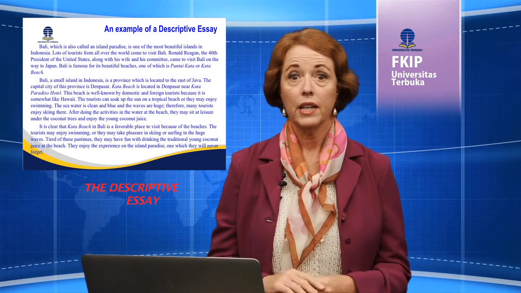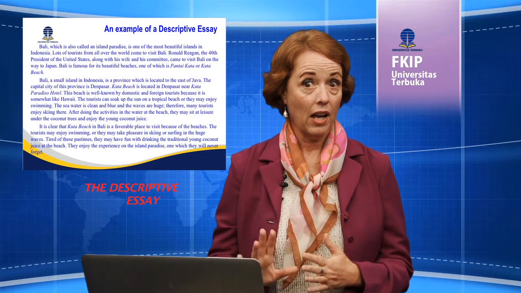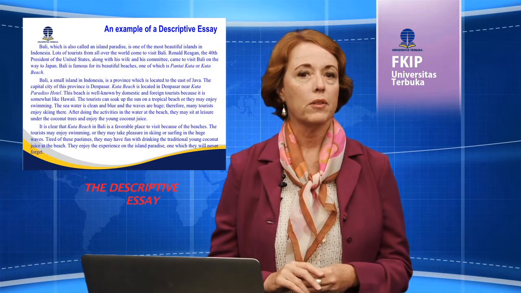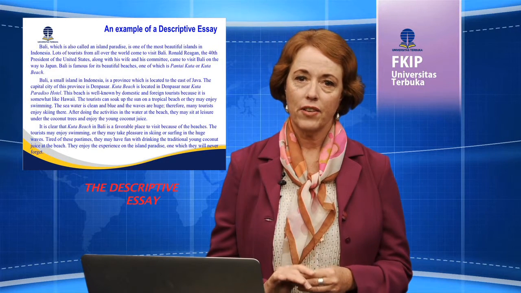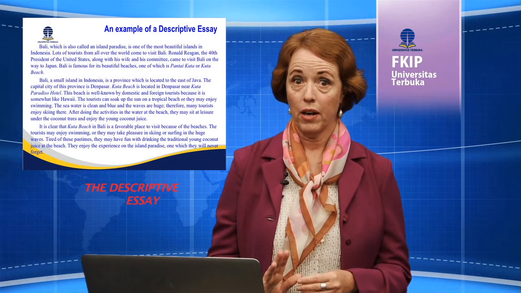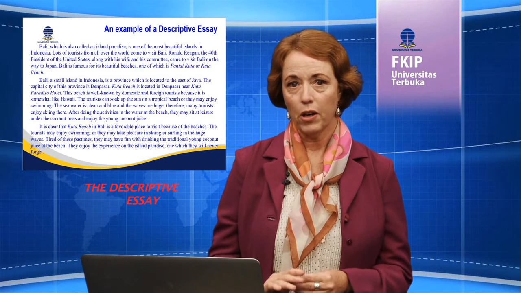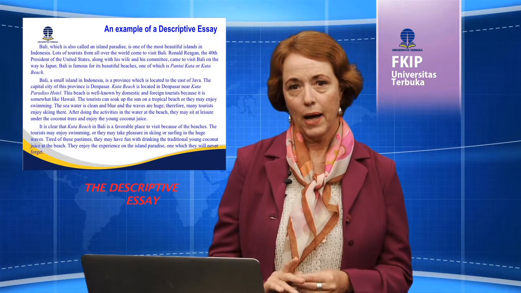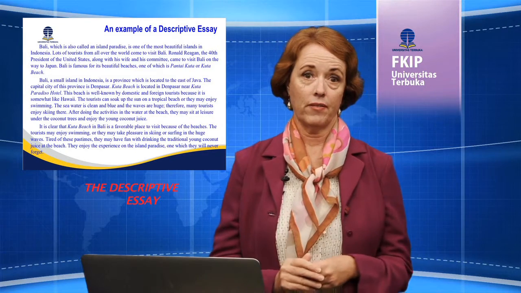For example, in the first paragraph, Bali, which is also called an island paradise, is one of the most beautiful islands in Indonesia. In the first sentence of the second paragraph, the writer also adds an adjective clause to modify a noun. Bali is a province which is located to the east of Java.